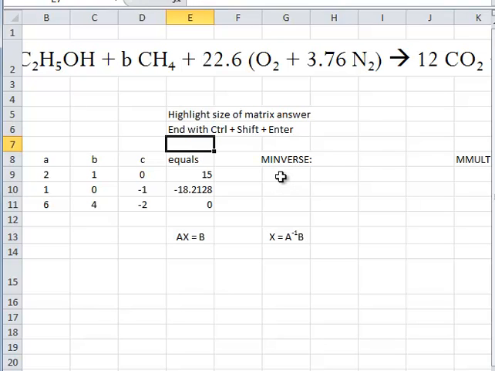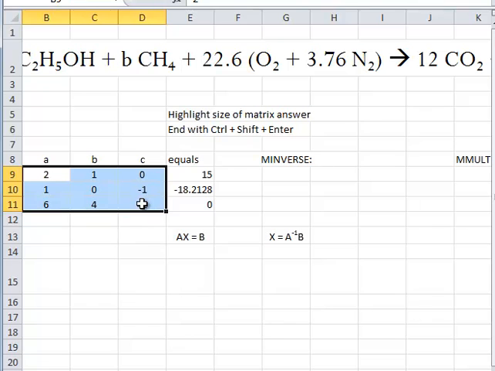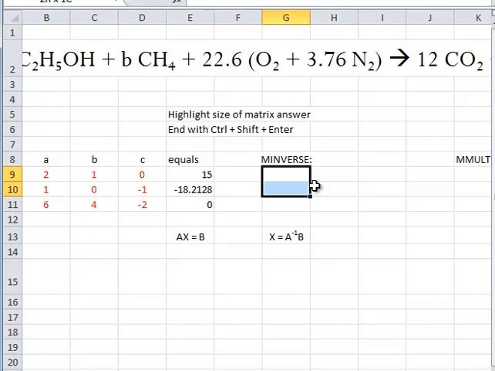All right, so let's demonstrate that. So if I wanted to take the inverse to find A inverse, and this is my A, so these are my A's right here. Then to find the inverse, it's going to be the same size, so I highlight a 3 by 3 group of cells.